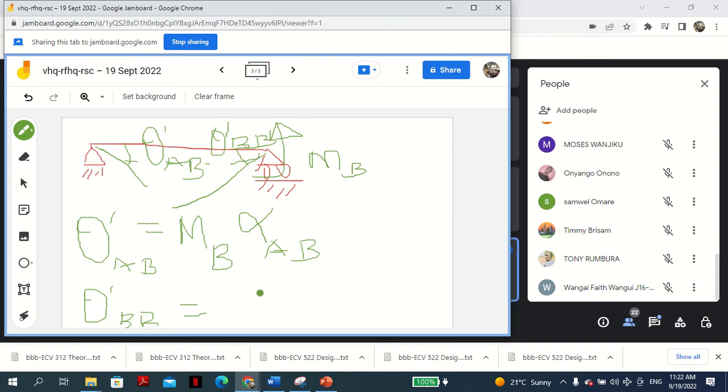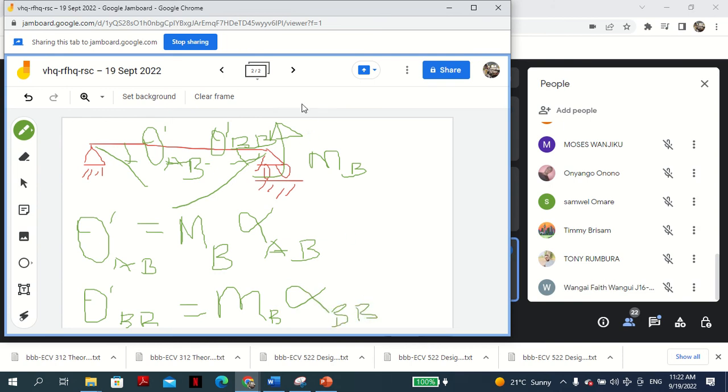Theta BB is the moment at B times alpha BB. Yes, times alpha BB, correct.